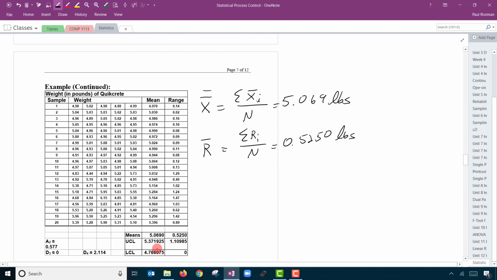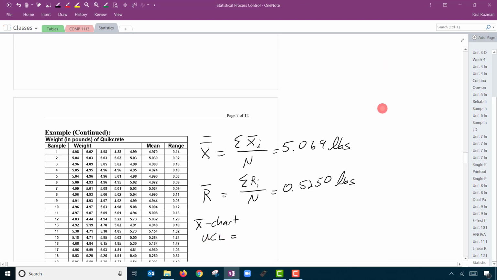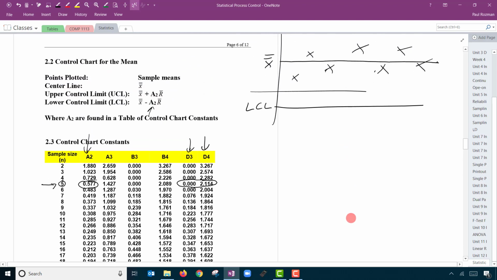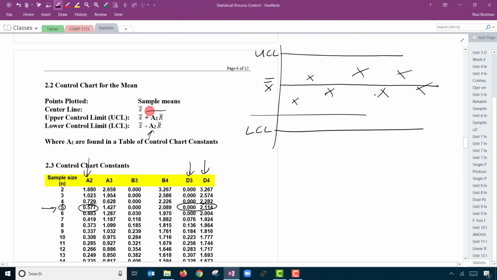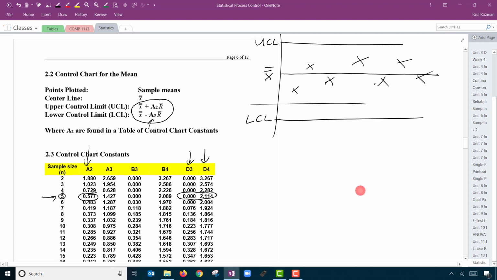To calculate your control limits for the mean, so the X bar chart, upper control limit, go back and take a peek at the formula. It's x bar bar plus A2 R bar.